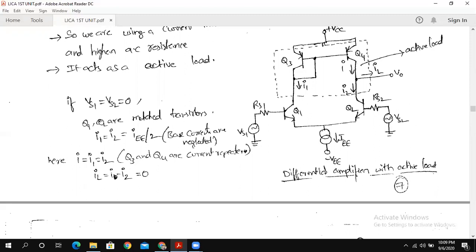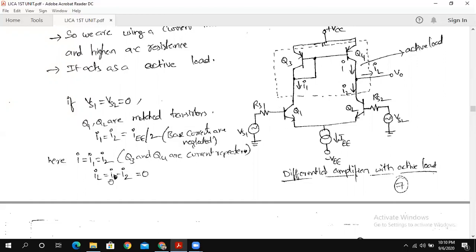The emitter current is nothing but this current source, the current mirror we have used here. So half of this current mirror current is equal to I1 and I2. So from this circuit, I1 is equal to I2 and I. So I is the current flowing in this transistor. Here you can see this I.